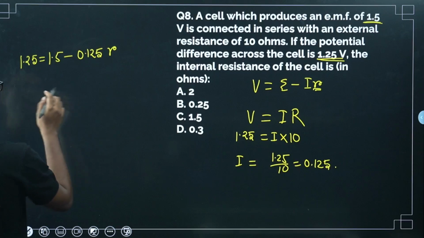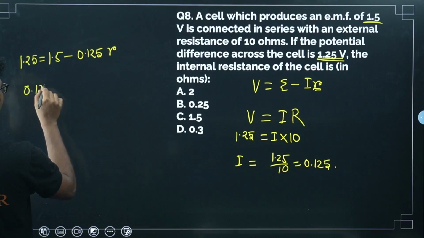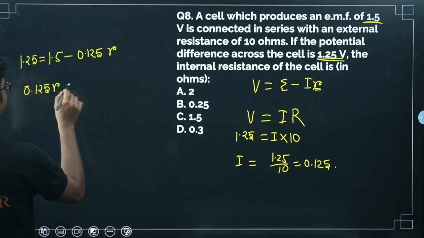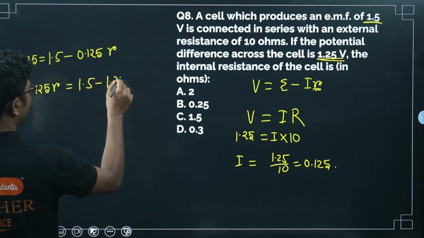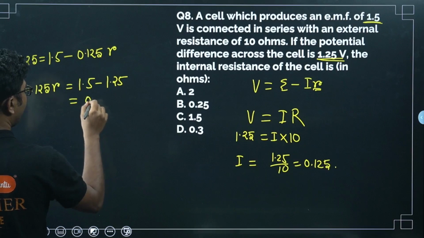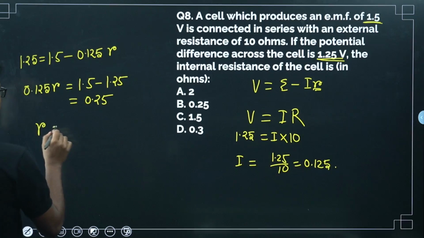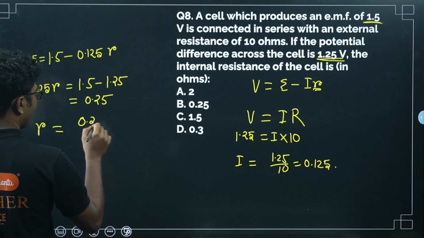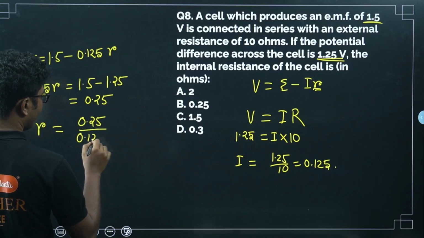Now again we are using this formula: 1.25 is equal to 1.5 minus I, which is 0.125, times r. So it will come on this side: 0.125 r is equal to 1.5 minus 1.25. Okay, so it will be 0.25. So r will be equal to 0.25 divided by 0.125.